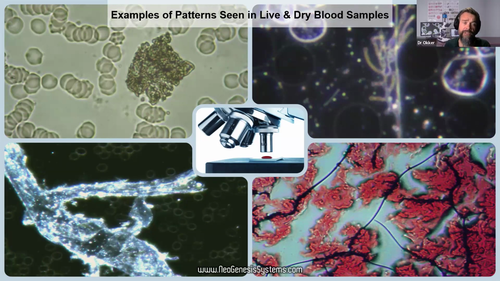But very interesting, the dry blood test is also prepared from the same pinprick from the finger. Another drop of blood is taken after preparing the live sample, and that's prepared in a different way, where the blood is allowed to dry on the slide, and that's viewed at a low magnification, where we look at the patterns that emerge when the blood dries and clots on the slide.